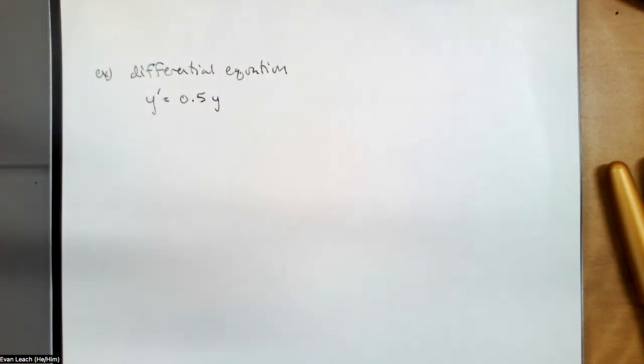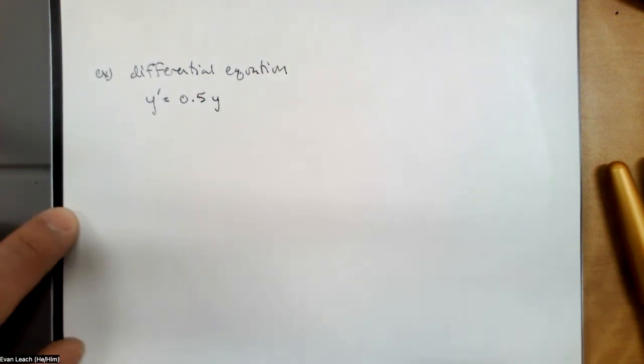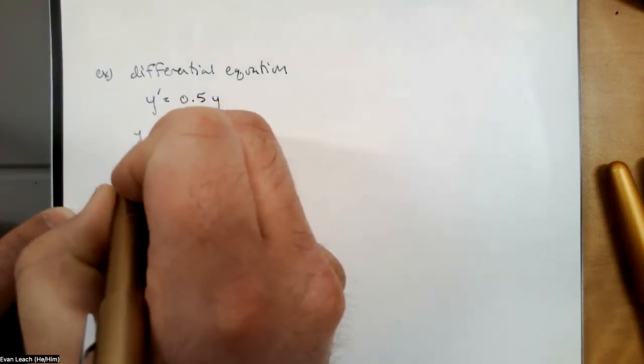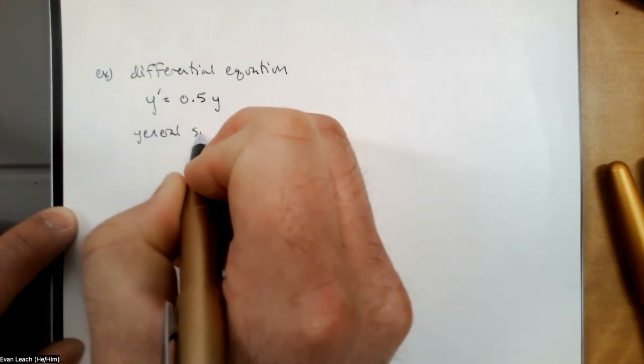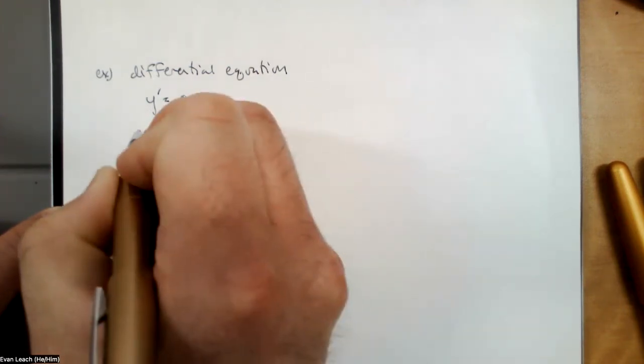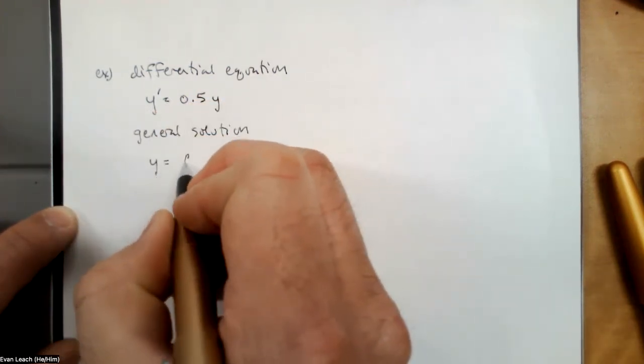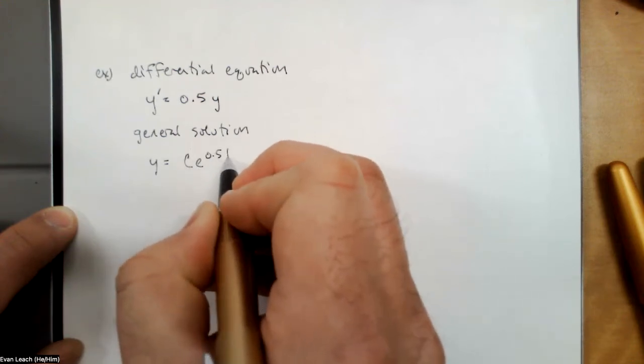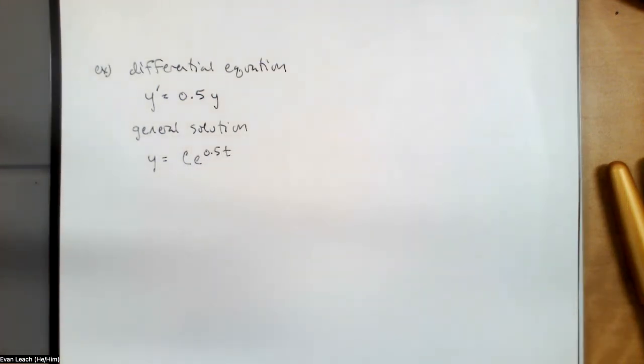So here's a differential equation. Y prime equals 0.5 times y. This will lead to a general solution. The general solution is in the same place as the general antiderivative. There's a constant of integration. In this case, because we started with the separable equation, it really came from a constant of integration.